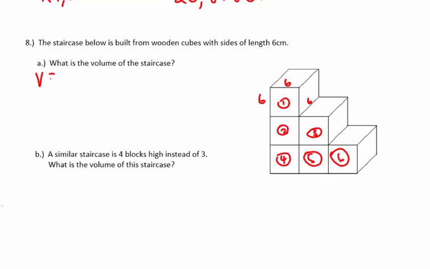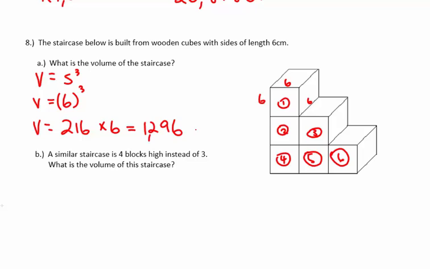So I find the volume of one of these, which is 6 cubed, and I get 216. That's for one. We found that there's 6 of them that make it up, so we multiply that by 6, and we get 1,296 centimeters cubed. It's the total in that many stairs.